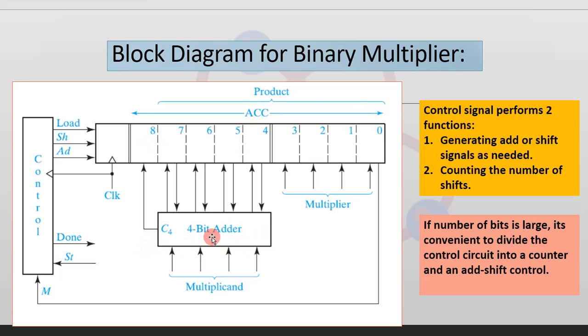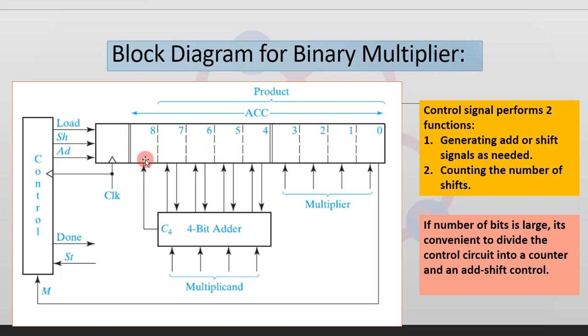The adder will calculate the sum of its inputs, and when an add signal, represented as AD, occurs, the adder outputs are stored in the accumulator by the next rising clock edge, thus causing the multiplicand to be added to the accumulator.